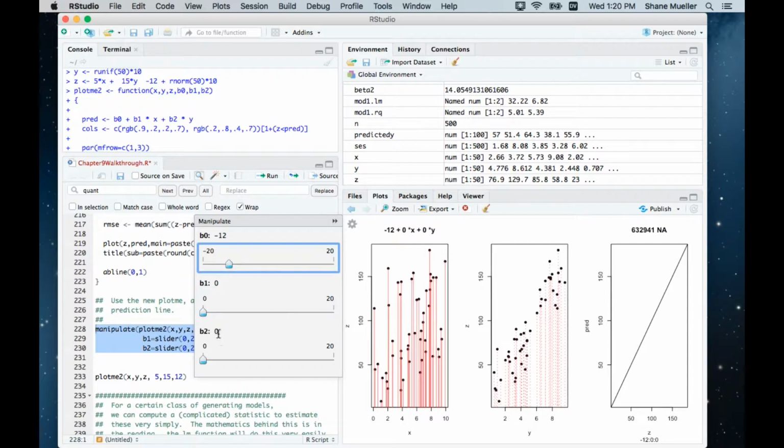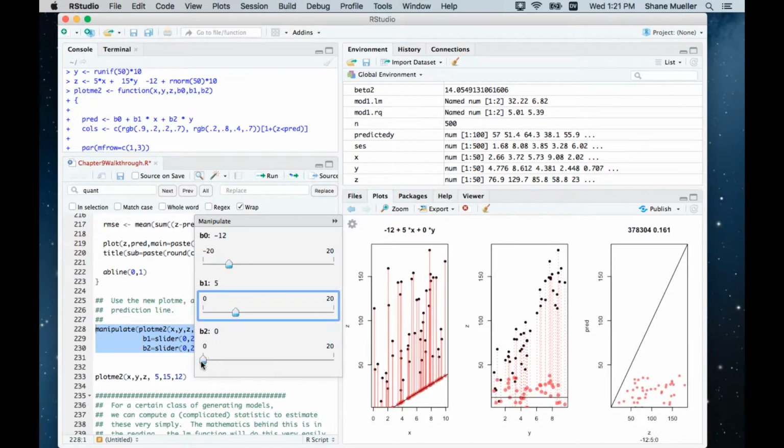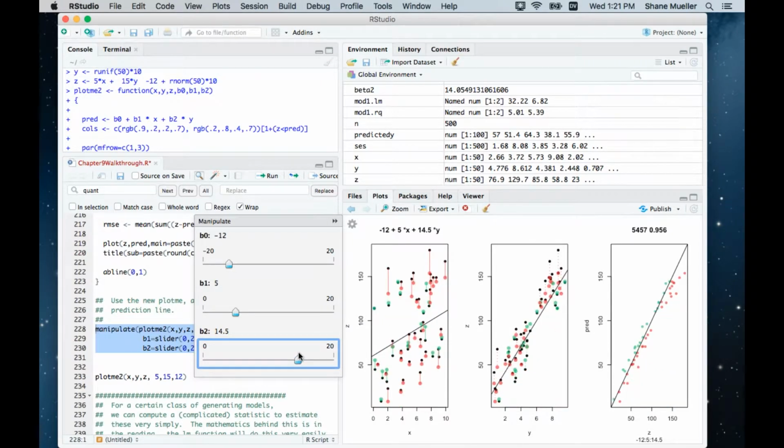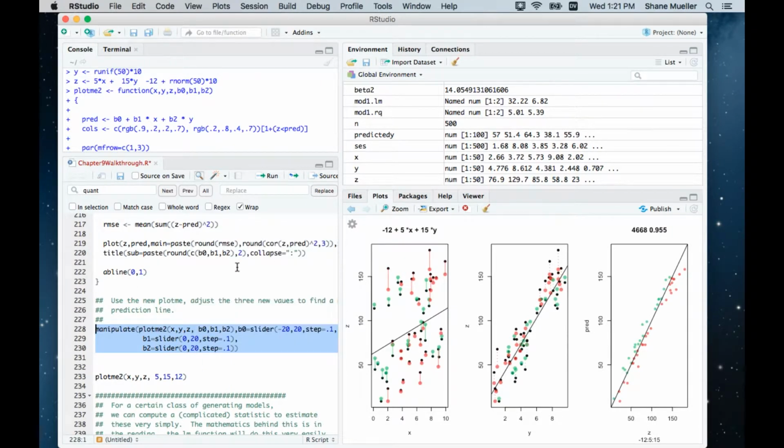And this guy has to be 5. And this guy has to be 15. So here we can see we sort of split the middle, and the r-squared, or the correlation, ends up being 0.955.